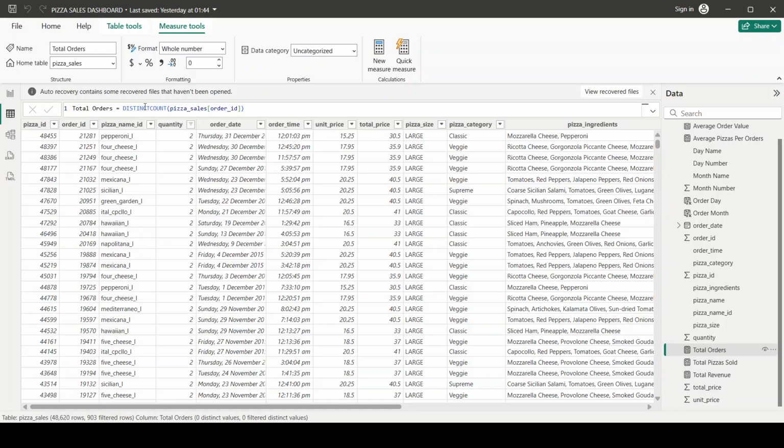We use a distinct count to make sure that it counts each order ID as a unique order ID. Because if you just use a count, it's going to count it like, for instance, we have 21,251 here. If you use the sum, it's going to sum these up. If you use the count, you need to use a distinct count to make sure that each order ID is counted once. So we counted all that and then we got the order ID.